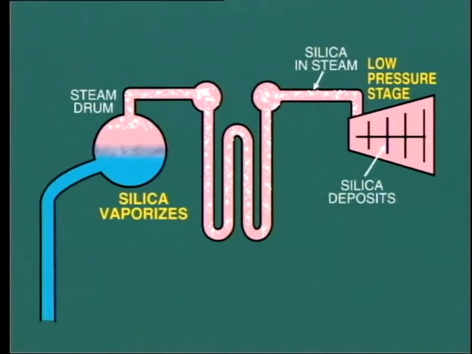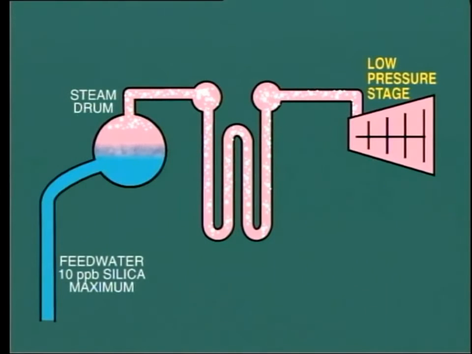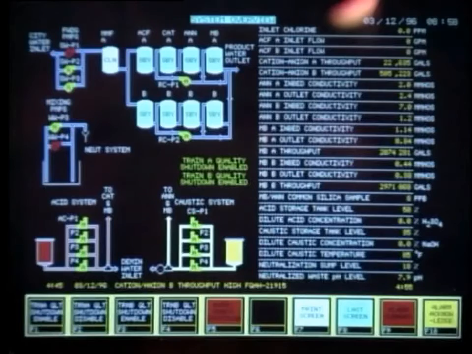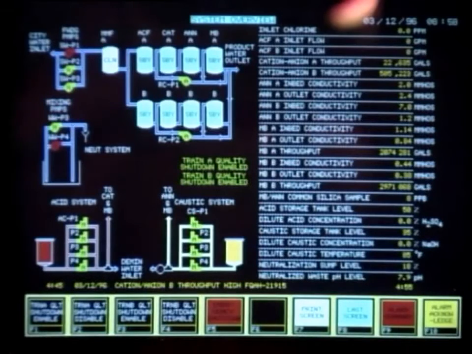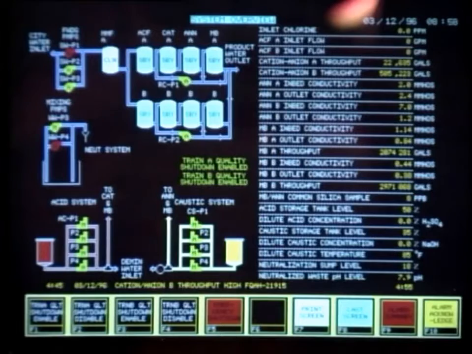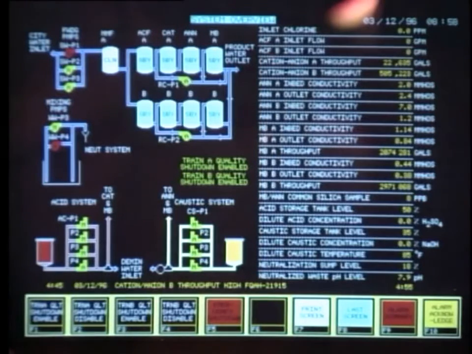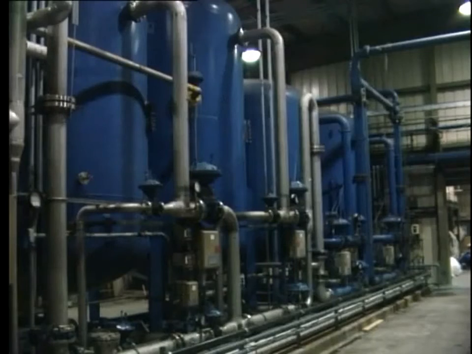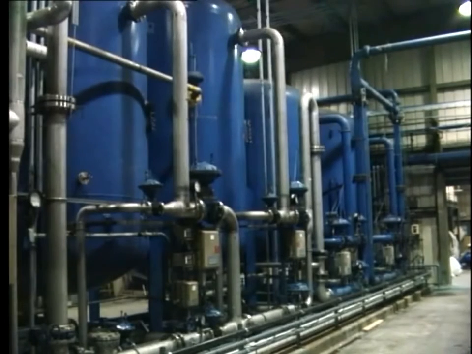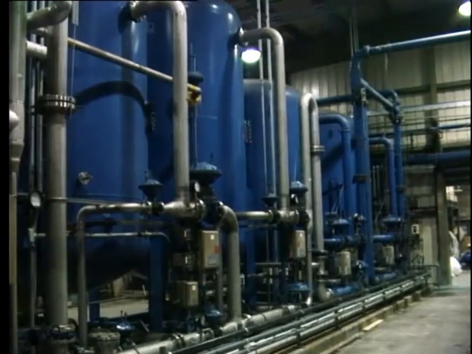This is not a very efficient procedure because we are wasting heat and water, but it may be the only solution. If possible, a far better method is to eliminate or reduce to a very low level the amount of silica which enters the boiler with the feed water. In order to achieve this condition, we need particularly high-quality water treatment equipment for producing makeup water. We shall be talking about demineralizers and other water treatment equipment in another module in this program.